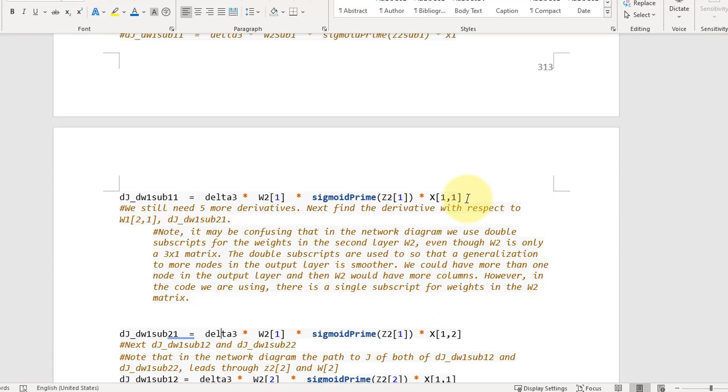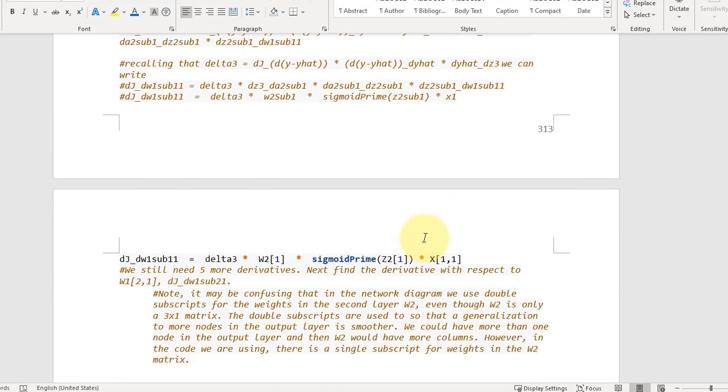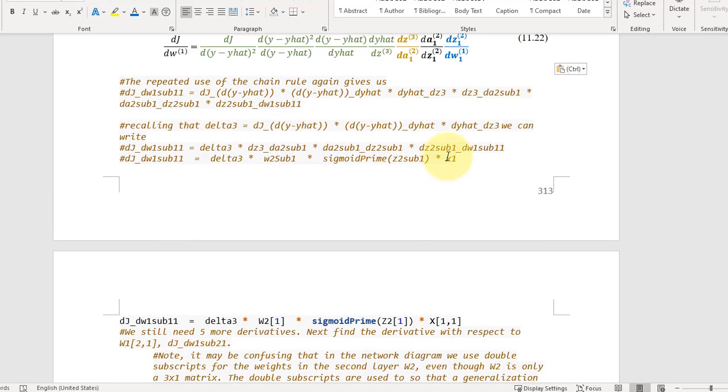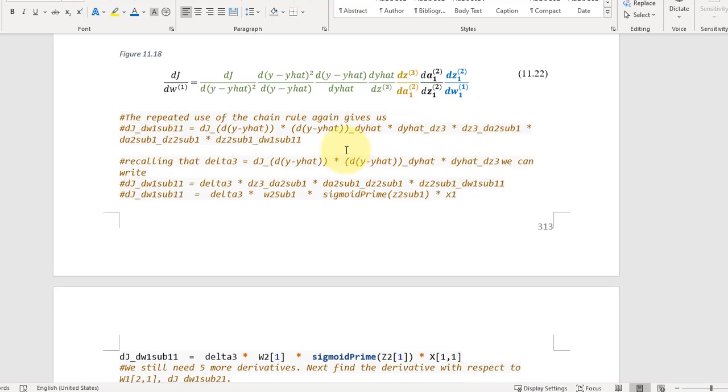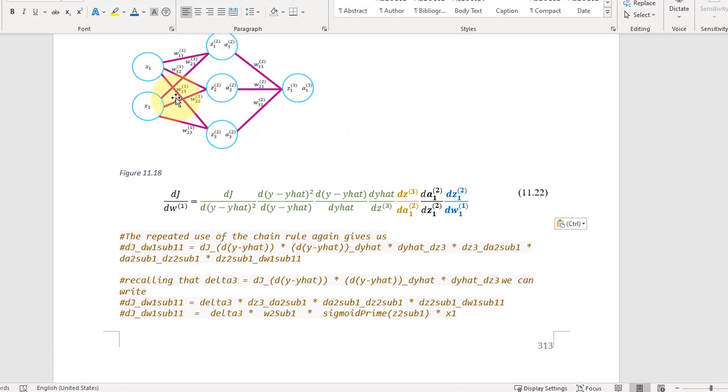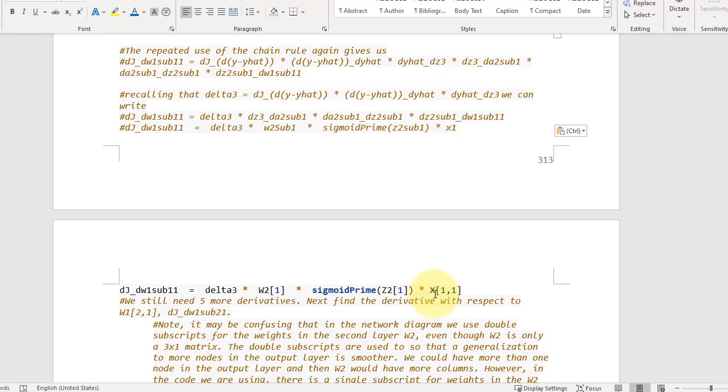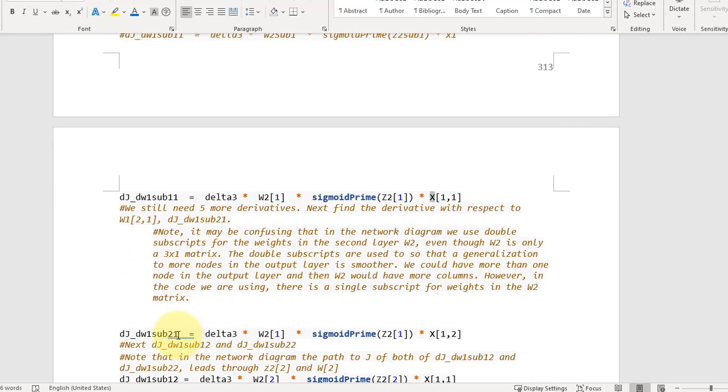So here, by the way, we said that we want x1, but one way to write x1 is the full X matrix and then the 1, 1 element. And then to get the new one, this one here, sub 2, 1, it's going to be the first row, second column.